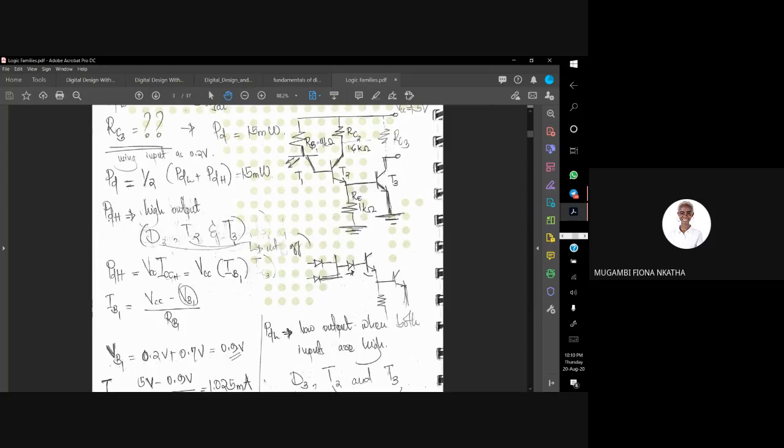When we have a high output, VB1 will be equal to 0.2 volts plus 0.7 volts, which gives 0.9 volts.